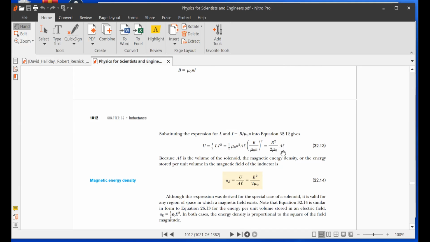If we divide this capital U over the volume, then we get the energy density per volume stored in the inductor. This U_B equals B squared over 2 times mu 0. So this is the general magnetic energy density, equation 32.40.